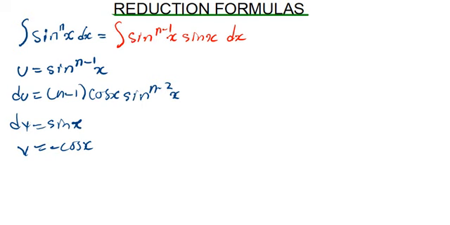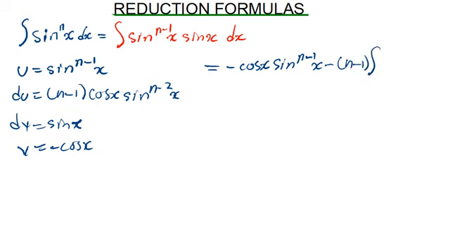So we can now say uv is simply minus cos x multiplied by sine n minus 1 of x, minus the integral of v du. Of course, we have the n minus 1 there, which is simply a coefficient, so I just write it outside here, which is n minus 1.